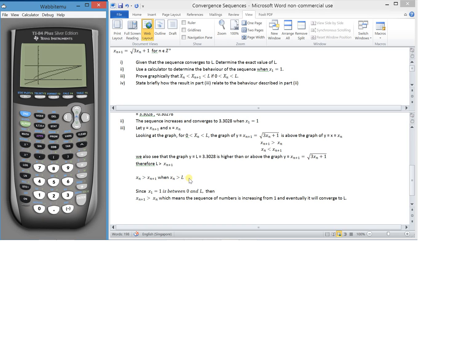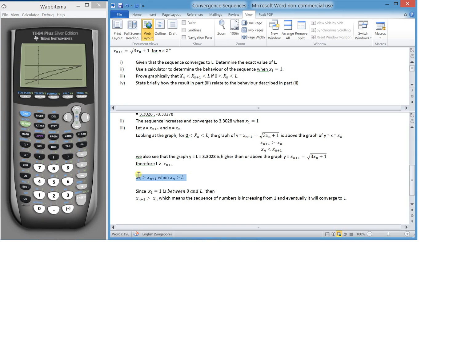Okay, so let's do this. What if we are asked to prove something else? What if we are asked to prove that xn is greater than xn plus 1 when xn is greater than L?